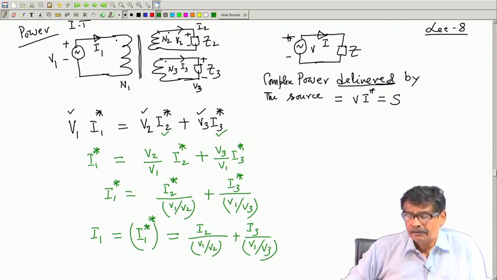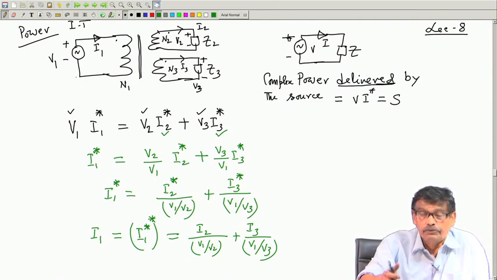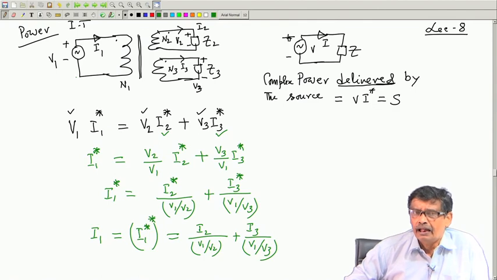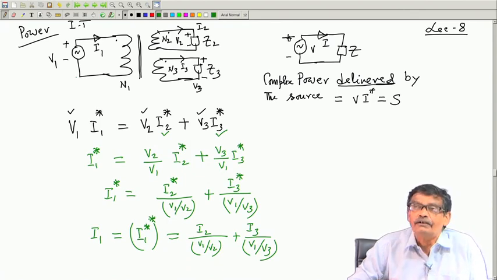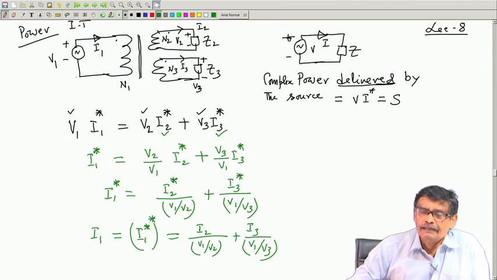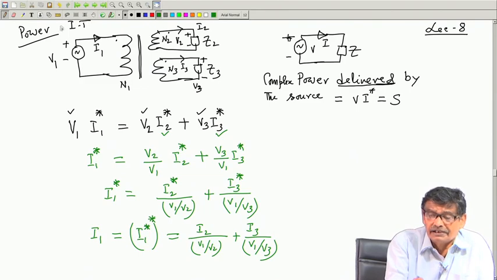Therefore, although it looks like if there are several coils, not even 2, there may be 3, 4 coils on the secondary side, and each one of those coils are supplying impedances. Here is a simple way of calculating the current distributions in the transformer and also the power factor at which the transformer will be operating, and still we are in ideal transformer.